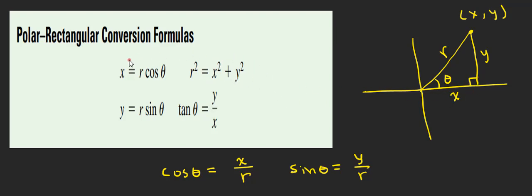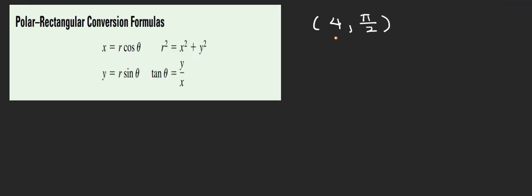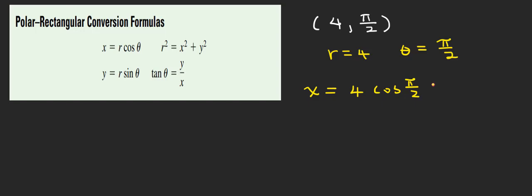Now we're going to use this to convert rectangular to polar and polar to rectangular. So you've got 4 comma pi over 2. This is polar. How would you change it to rectangular? Well, you know that r is 4 and theta is pi over 2. So the x value will be 4 times cosine of pi over 2.